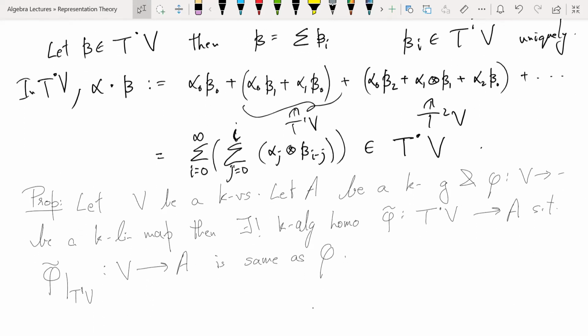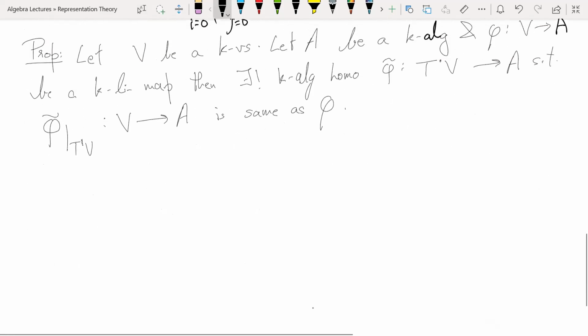Let V be a K vector space, and A be a K algebra. Let phi from V to A be a K linear map.